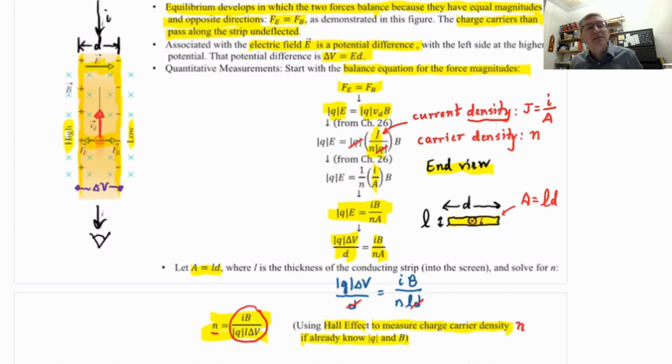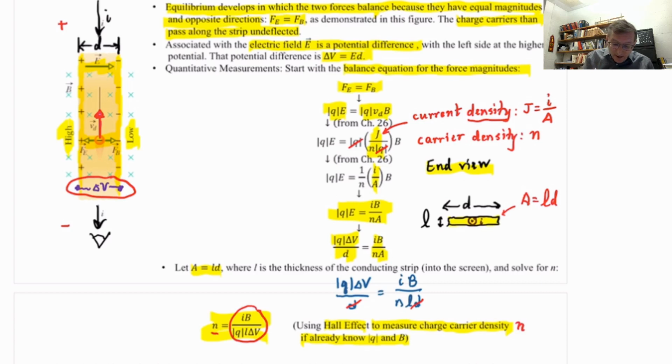I would hook up a battery or a power supply with the high potential side there and the low potential side down there, and therefore conventional current would go in this direction. And when I do that, I discover, because of the charge separation in the Hall effect, that the left side of the strip becomes the high potential side and the right side becomes the low potential side, and I can figure that out directly with a voltmeter, measuring the delta V.